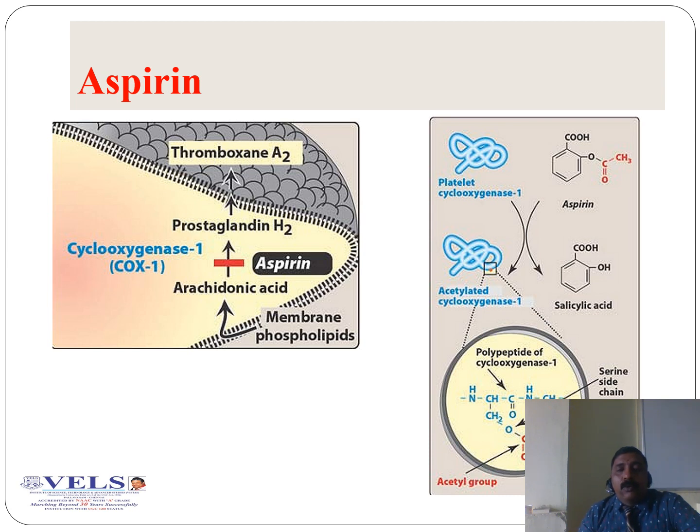It is possible that low doses of 75 to 150 mg per day or 300 mg bi-weekly suppress TXA2 formation selectively, whereas higher doses of 900 mg per day may decrease both thromboxane as well as prostaglandin production. It also inhibits the release of ADP from platelets and thus their sticking to one another. So aspirin has a non-steroidal anti-inflammatory action as well as an antiplatelet action. So we know one small example I want to tell to all.